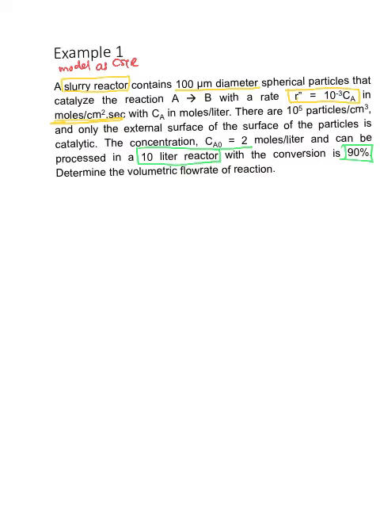Okay, first what we need to do is list out what is given in the question, and what are the values that we need to calculate. Okay, first, a slurry reactor. So we write the model equation. A slurry reactor can be modeled as a CSTR.